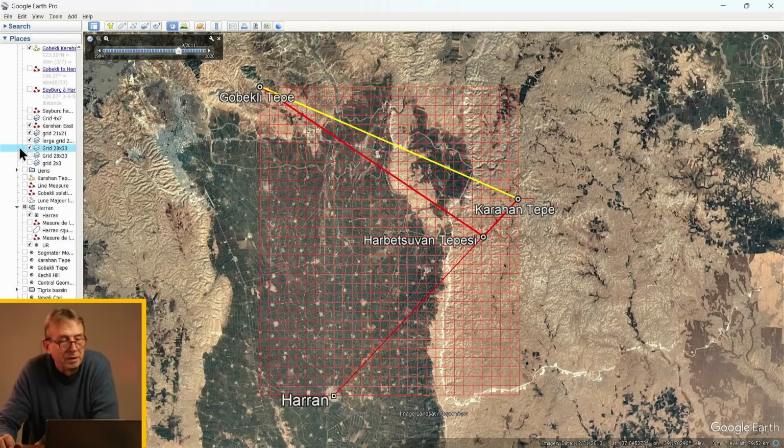And this enabled me to see that this grid, which is 28 squares on the east-west side by 33 squares north-south, links together these different sites. So that's quite an astounding fact, because each square is 1,200 meters long. These are not small squares, you know, and it's absolutely perfectly precise.